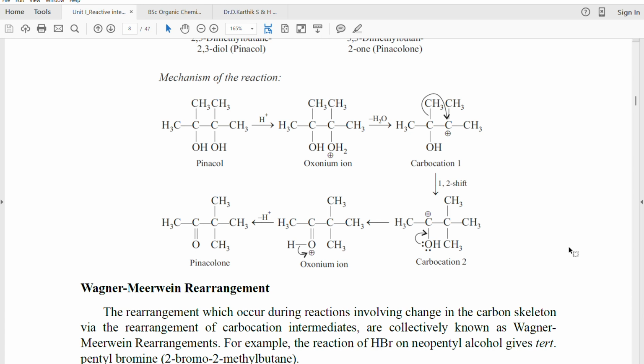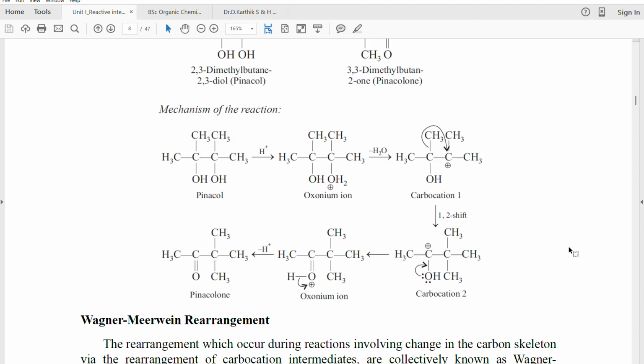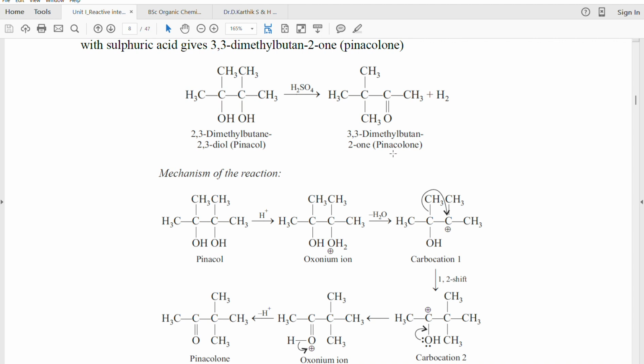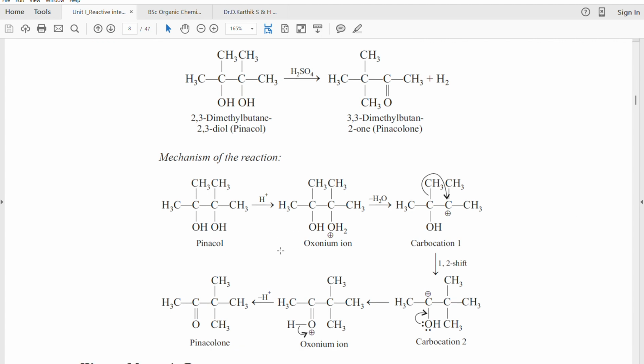Always, in the first step, there will be a reaction between the starting material and the catalyst. Catalyst here means the acid catalyst, right? So in the first step the acid catalyst reacts with the starting material, and you have to see what functional group is present in the starting material.